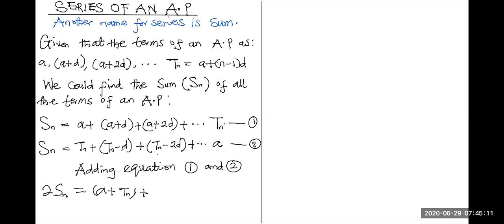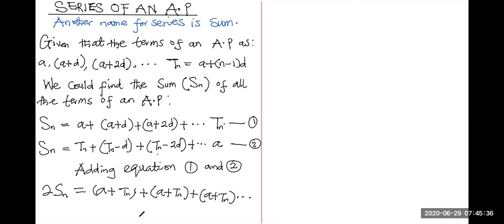The d will minus d to give us 0, so you still have a plus Tn again. When you look at the third one also, this is a plus 2d and Tn minus 2d. 2d minus 2d gives us 0, still have a plus Tn. So we keep on having a plus Tn, and so on and so forth.